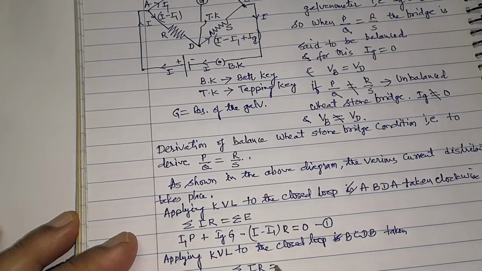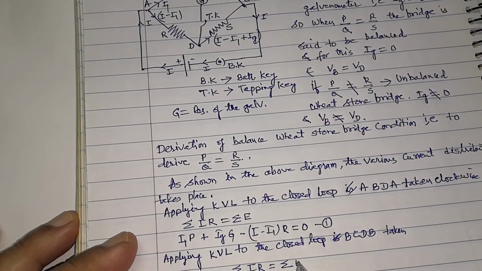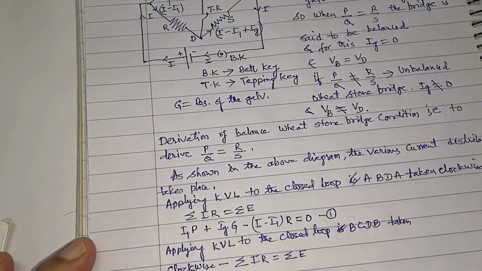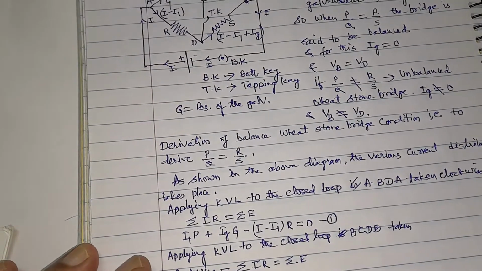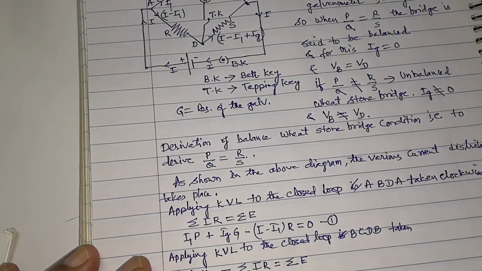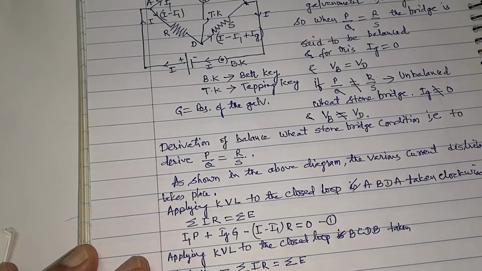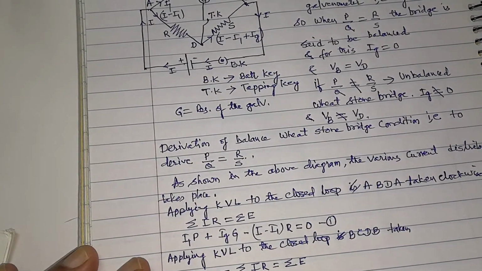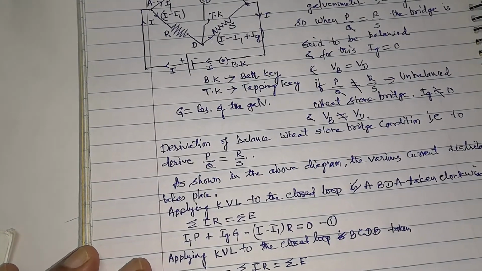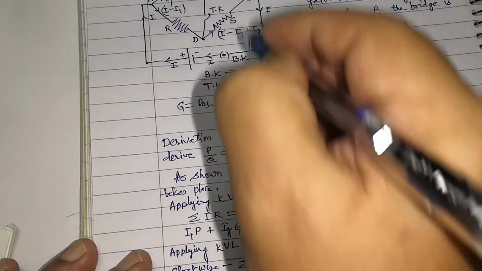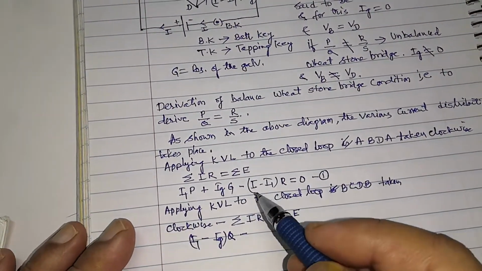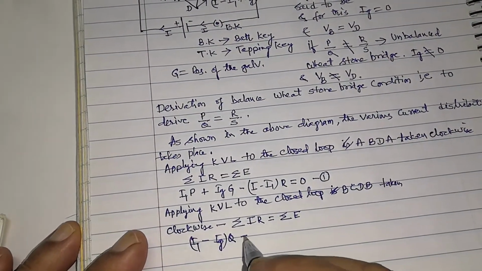Again, IR equal to the sum of the EMF. Therefore, we will be getting I1 minus Ig into Q, taken in the direction of the current, so it is positive. Now we are moving in the direction opposite to the current, so it is with the negative sign.